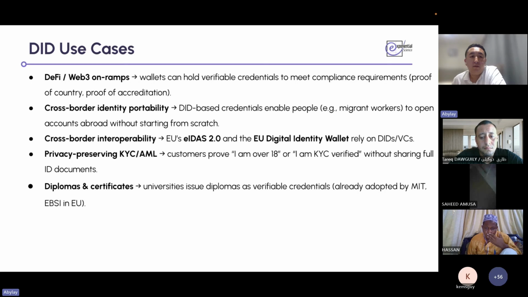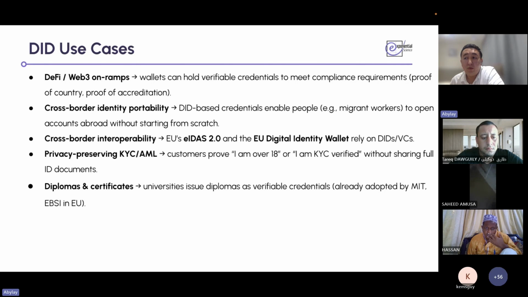It's for DeFi and Web3 on-ramps. So, for example, we have Hedera Ethereum addresses, but they are not verified, so there isn't any proof of identity attached to the addresses.